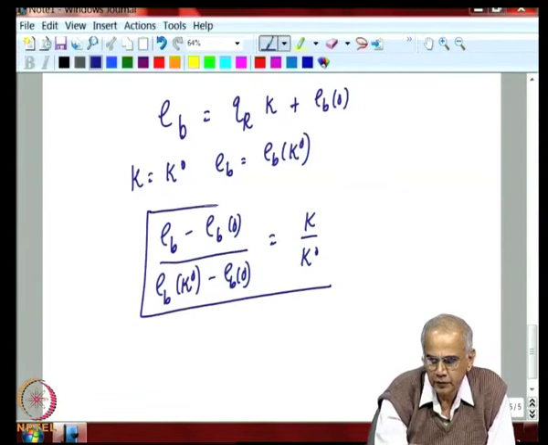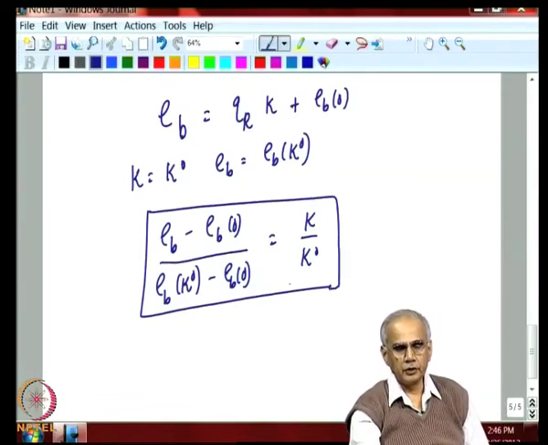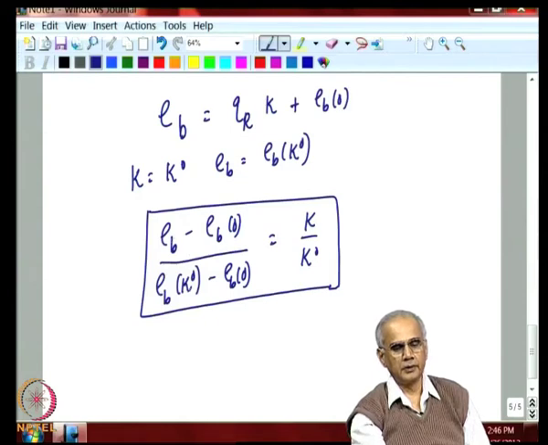This is a very simple result which says that at kappa equals 0, the temperature of the gas is the same as the temperature of the gas touching the bottom surface. At kappa equals kappa 0, the temperature of the gas is the same as the temperature of the gas at the top surface.